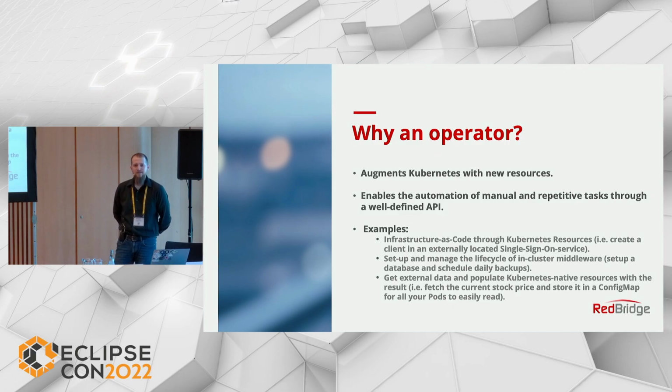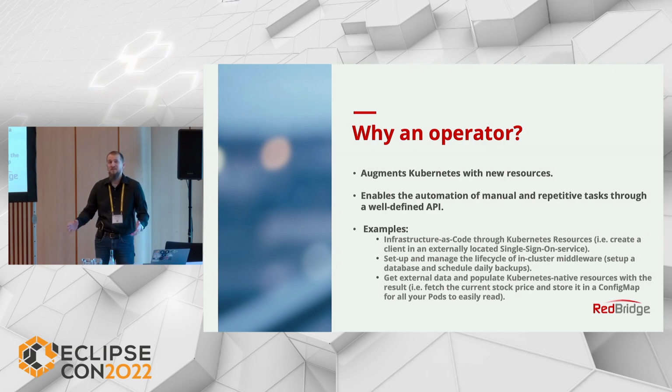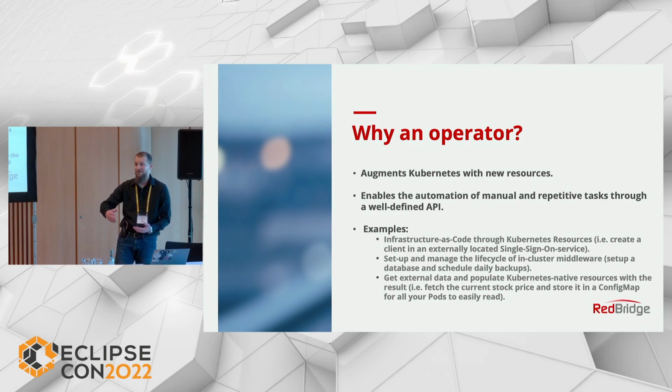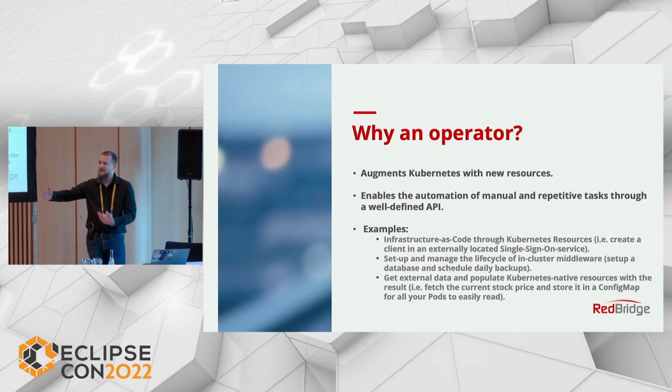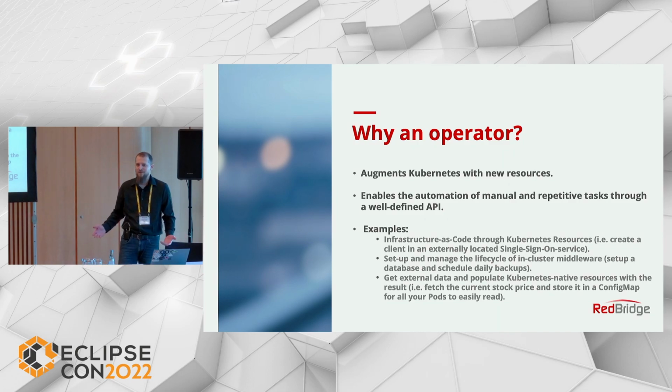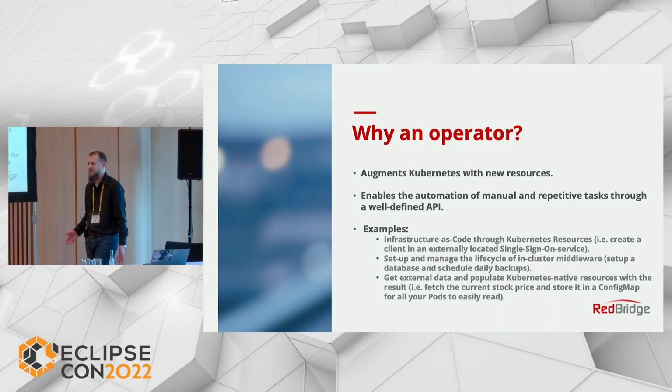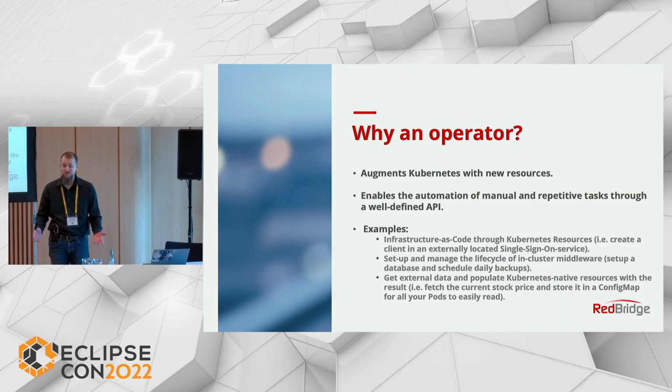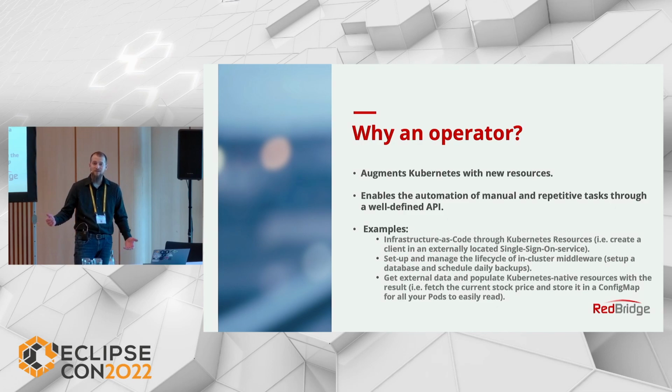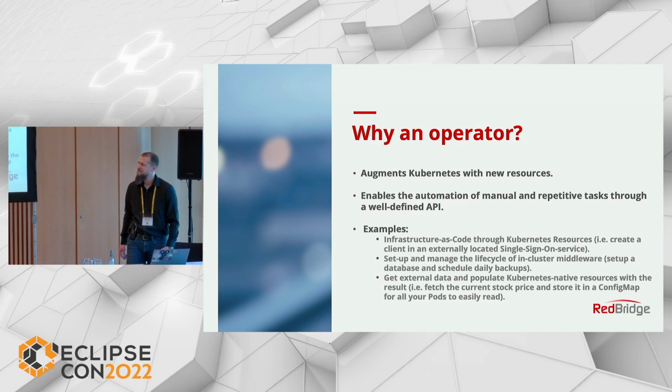It's usually manual tasks, like say you have an enterprise firewall with an API, and for your applications in the cluster to talk to something outside of that Kubernetes cluster, you actually have to open a firewall. And if you're working at a big company, you will probably have some order form, even though there is a perfectly good API where you can just make this happen with the help of an operator.